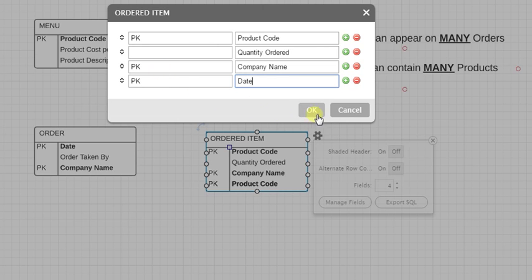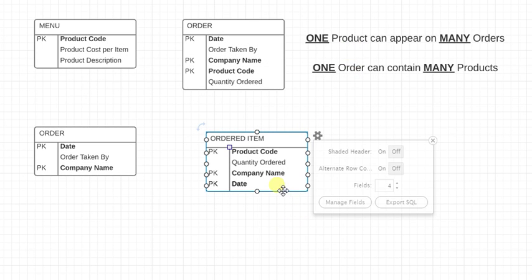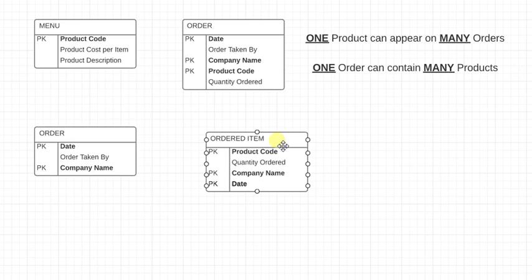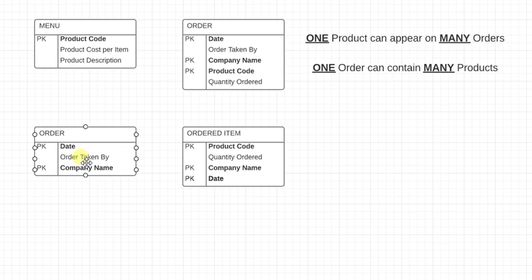And these will still be primary keys. That's one way I can do that. So now date and company name are related here, but then this is allowed to repeat.